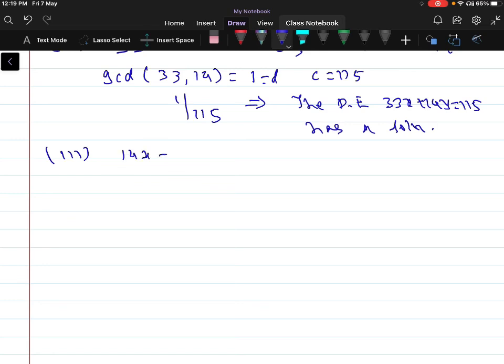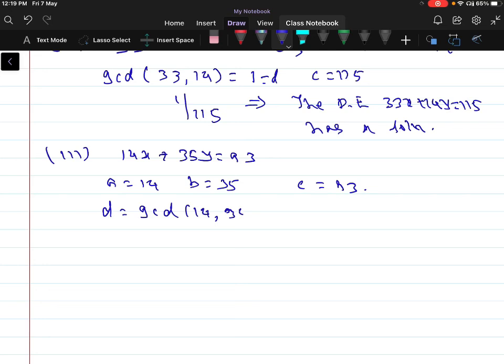Now let us consider the third example, 14x plus 35y is equal to 93. Here a is equal to 14 and b is equal to, let us take 35, and c is equal to 93. Let us find out the GCD of the two integers 14 and 35. So d is equal to GCD of 14 comma 35.